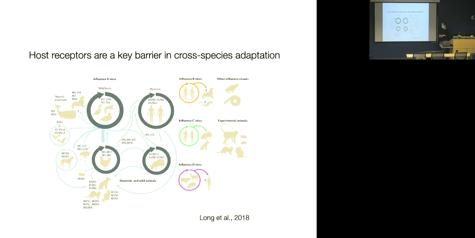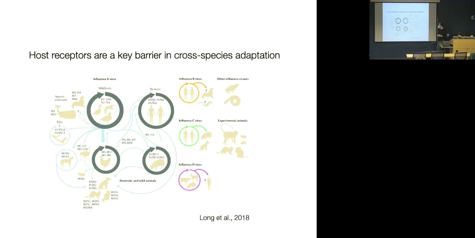For influenza in particular, there are a number of identified adaptations and barriers, but most people agree that if you had to put your money on something, it would be host receptor recognition.